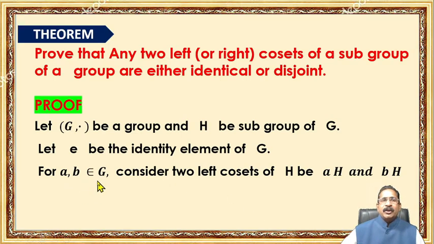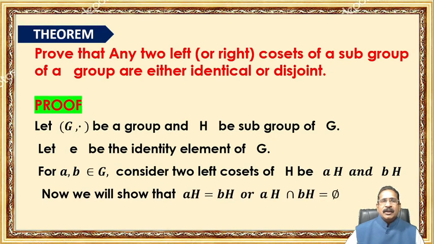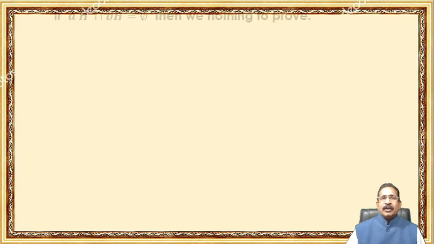Take a and b any two elements in G. Consider two left cosets of H, aH and bH. What are we going to prove? We prove that these two cosets are identical or disjoint. Identical means equal, aH is equal to bH, or disjoint means their intersection is empty, aH intersection bH is equal to empty.